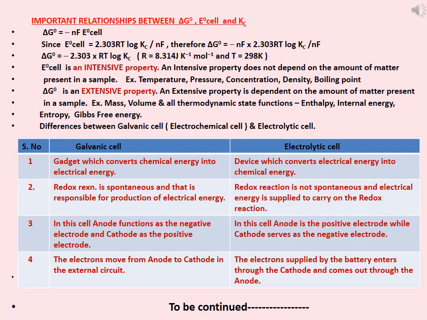Fourth difference, the electrons move from anode to cathode in the external circuit in a galvanic cell, whereas in an electrolytic cell, the electrons supplied by the battery enter through the cathode and come out through the anode. So these are four important differences between a galvanic and an electrolytic cell. You can answer any question based on this concept.